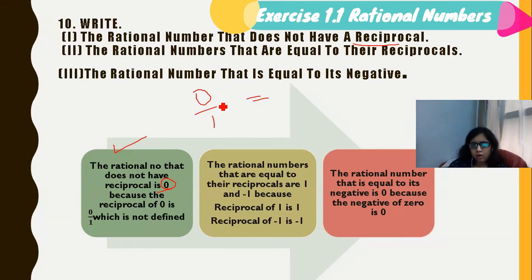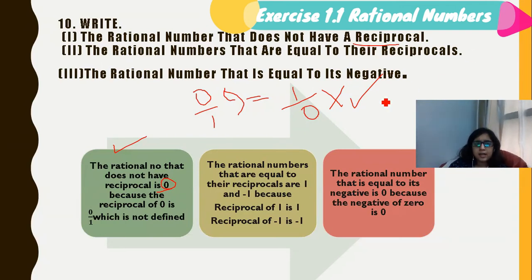So I will shift these numbers with each other. My answer will be 1 upon 0, and you know 1 upon 0 is not defined. So I have written that the rational number that does not have a reciprocal is 0. Means 0 is a rational number but it does not have any reciprocal, because if you find the reciprocal of 0, your answer will be 1 upon 0, which is not defined.